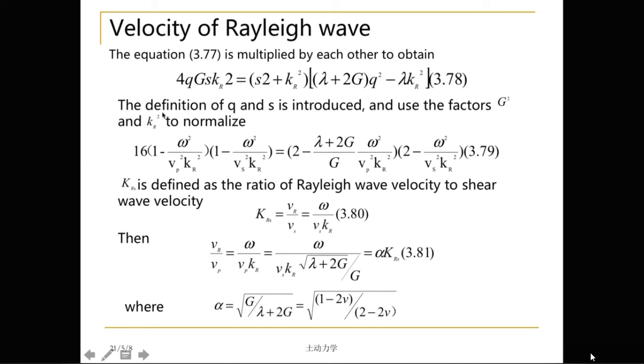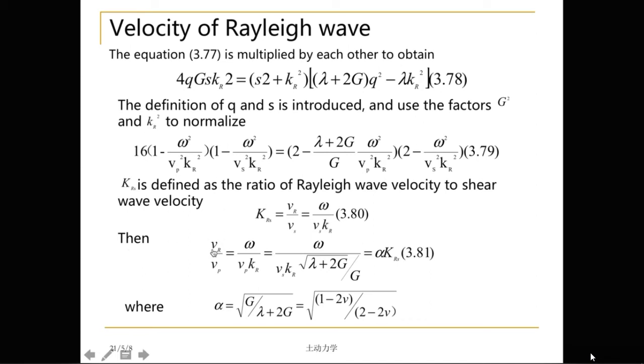The definitions of q and s are introduced, and the factors g squared and kr squared are used to normalize. Then we get equation 3.79. Here KRS is defined as the ratio of Rayleigh wave velocity to shear wave velocity, so KRS equals omega over Vs times Kr.